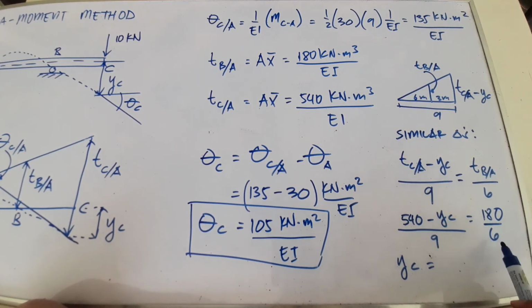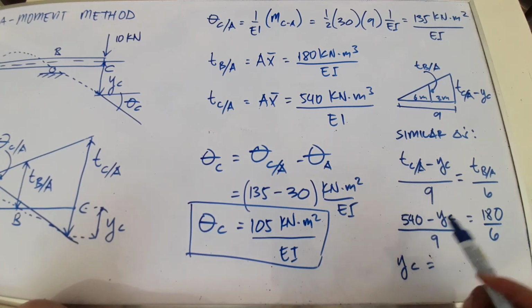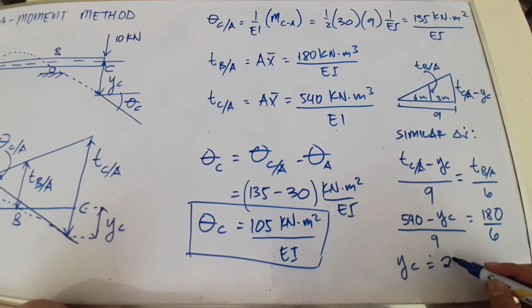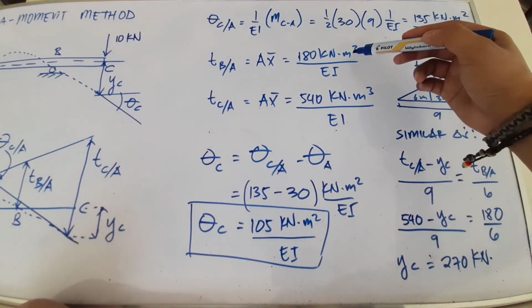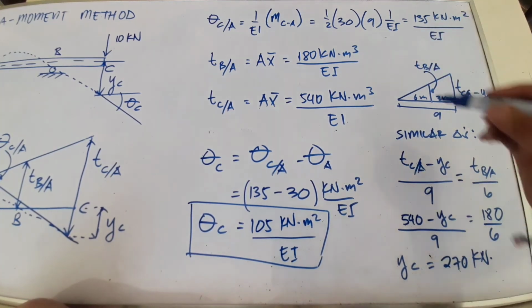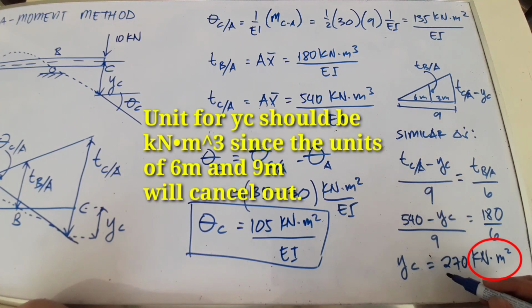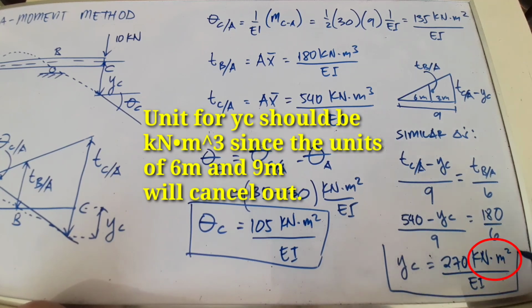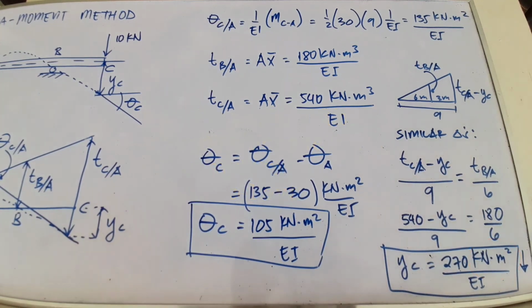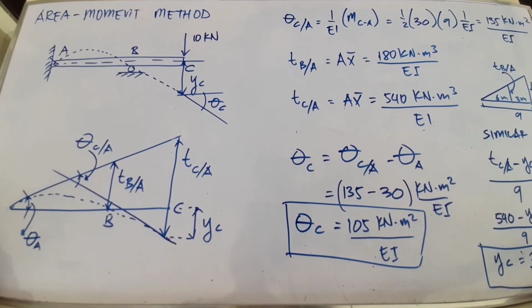Tama ba? 180 divided by 6, that's 30 times 9, 270. 540 minus 270, that's 270 din. So, 270 kilonewton. Ito ay m squared divided by 6 meters. M cubed divided by 6 meters magiging m squared. Divided by EI. So, ito na yung deflection natin at point C, which is directed downward.